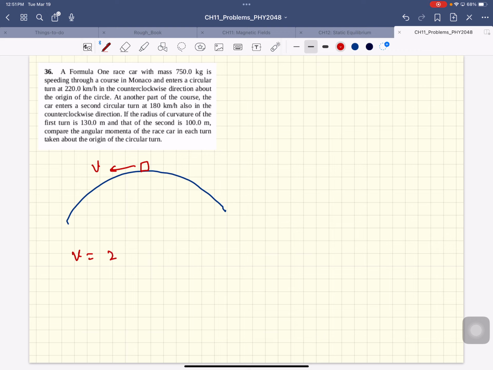V equals 220 kilometers per hour. A kilometer is 1,000 meters, 1 hour is 3,600 seconds. So divide this number by 3.6 to get it in meters per second. Okay?